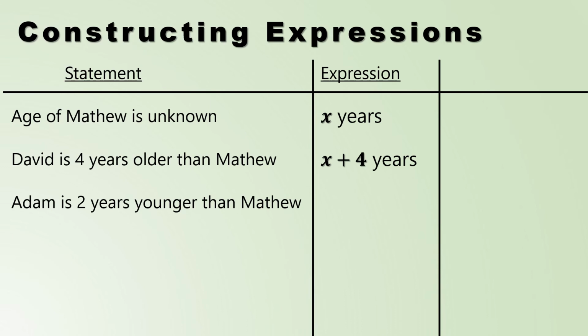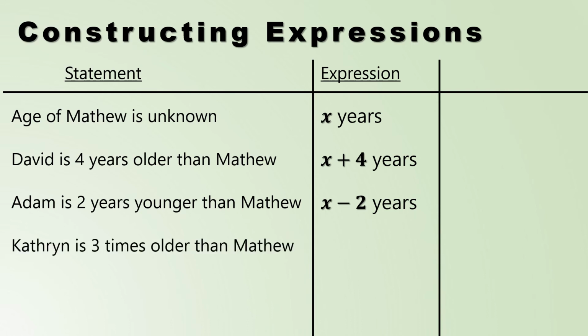Adam is 2 years younger than Matthew. Then the age of Adam can be expressed by the expression x minus 2 years. Catherine is 3 times older than Matthew.